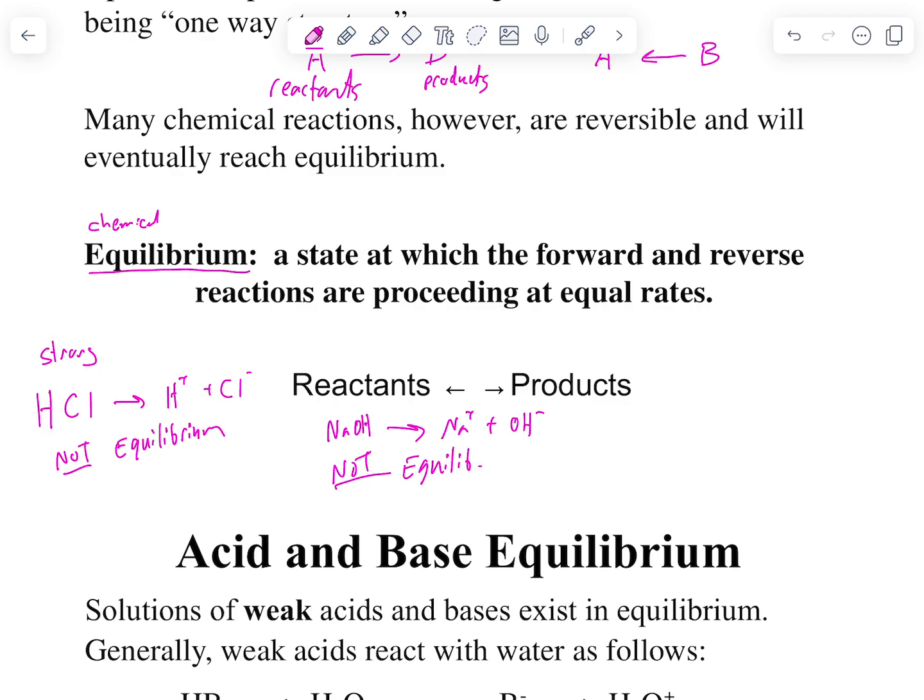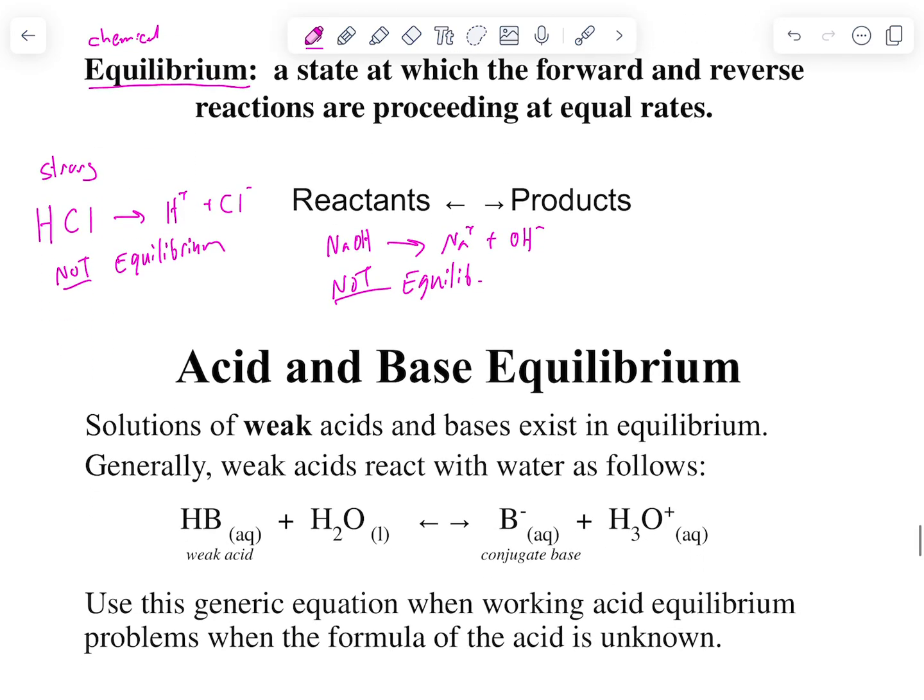So if strong acids and strong bases cannot have equilibrium, they cannot have the forward rate and reverse rate be equal to each other, which ones do? Well, the answer is the weak acids and the weak bases can have equilibrium.